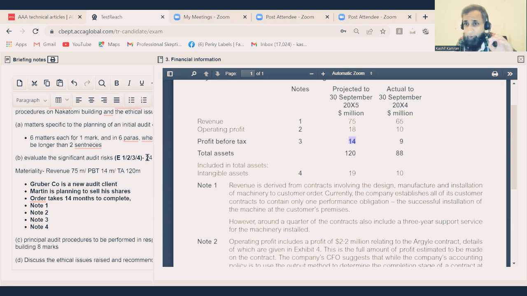So every time you need to calculate the materiality, will you come back to Exhibit 3? No. Every time you have to calculate a materiality, the threshold of materiality is written on the briefing note. Can you all see this? Is it easier writing the thresholds once on the briefing note, and you can delete them later? Are you all fine with it?